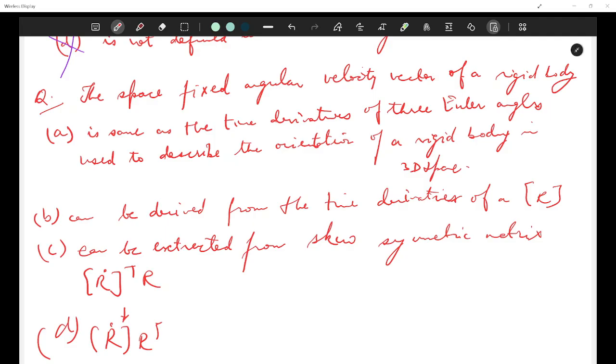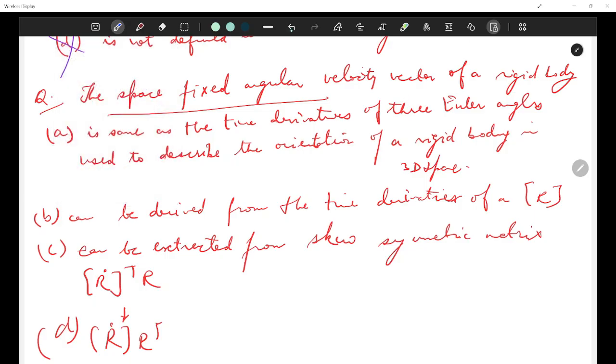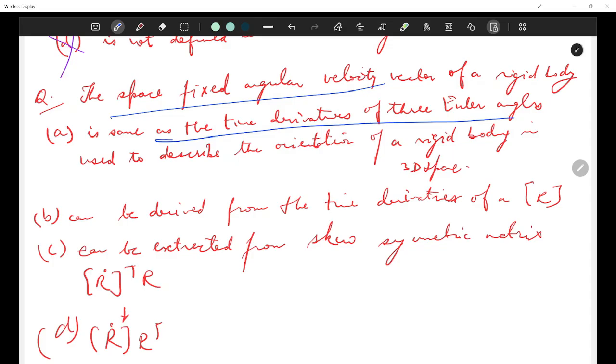So the space fixed angular velocity of a rigid body is the same as the time derivative of three Euler angles is given in the first option. Do you think it is correct? We saw it just a few minutes ago.